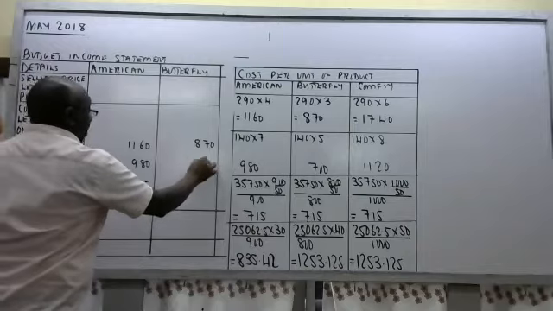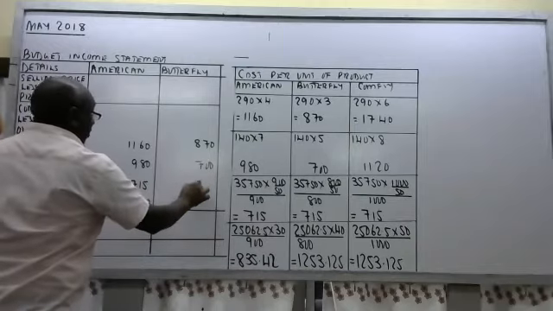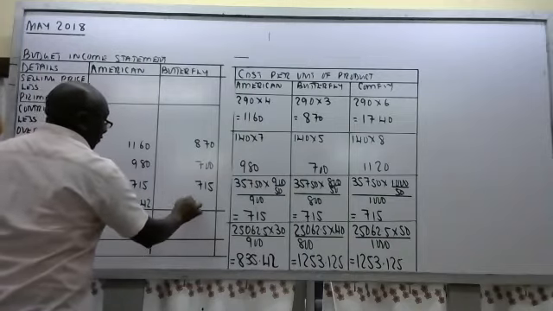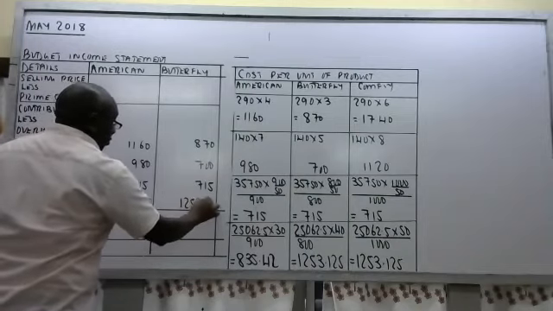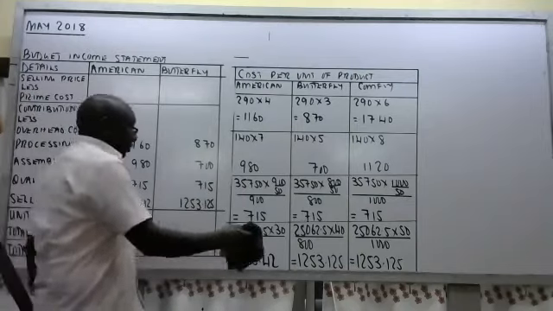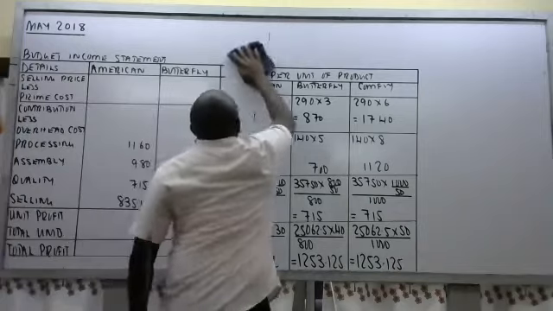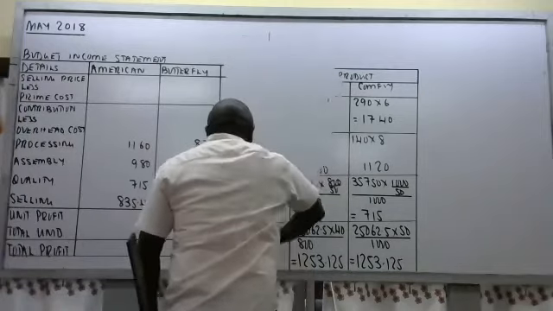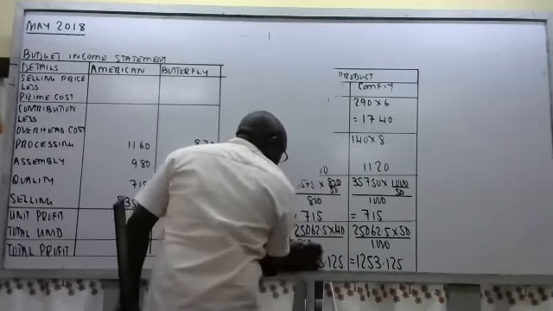This is 700. This is 715. This is 1253.125. So with that, I'm in a position now to clear this space so that I get where to write config.